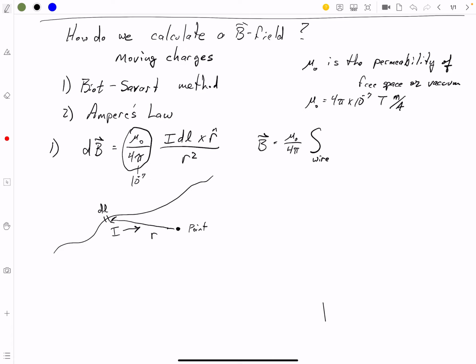So we can go through and we can do this: I dL cross r over r squared, and we just go from here to here if we want to know the B field for that wire at that point. Not terrible.